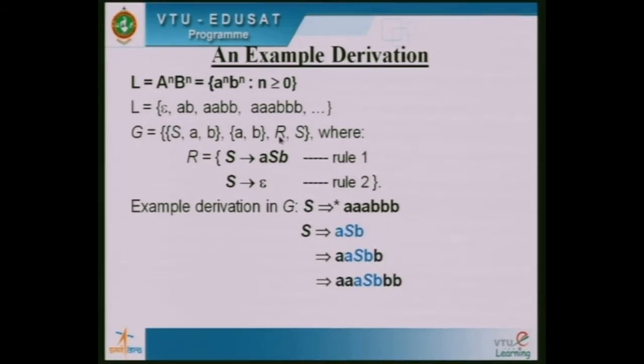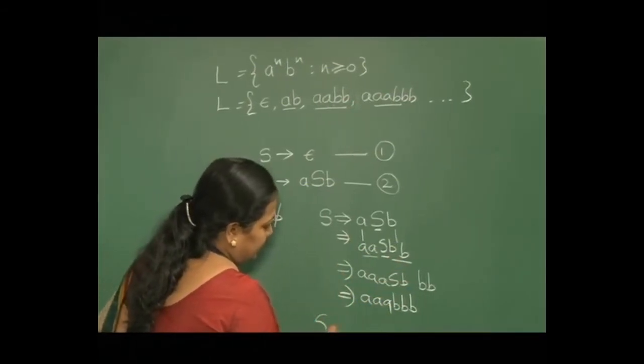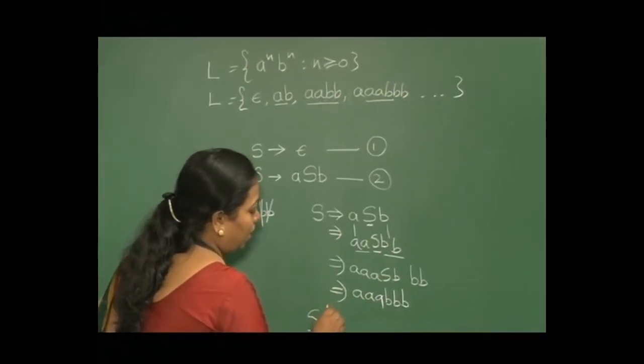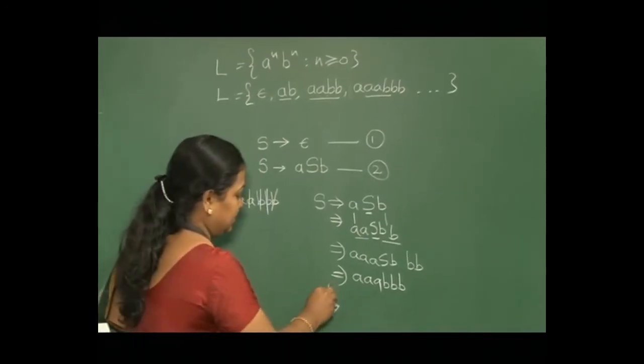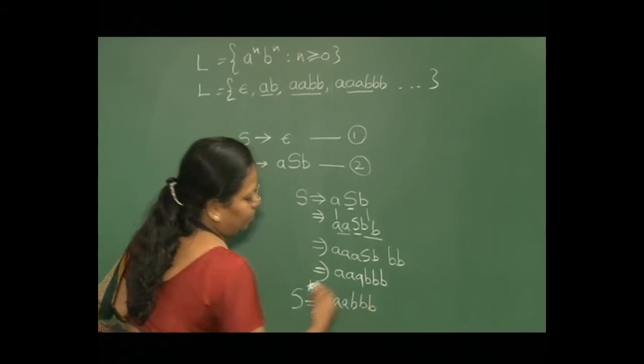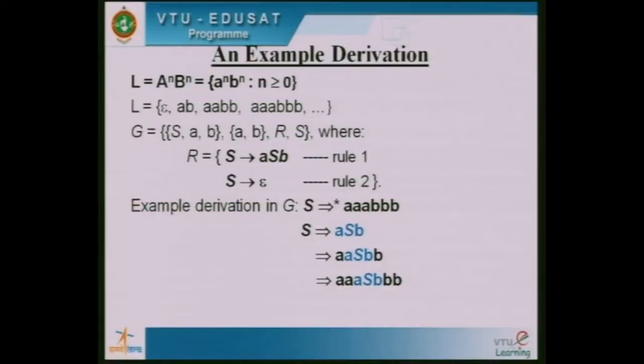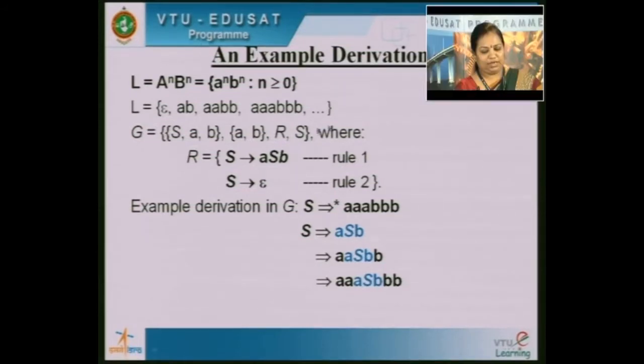Instead of writing these 4 derivations, this can also be written as S derives A raised to n, B raised to n. I hope this is the simplest language. We learnt how to write the context free grammar.